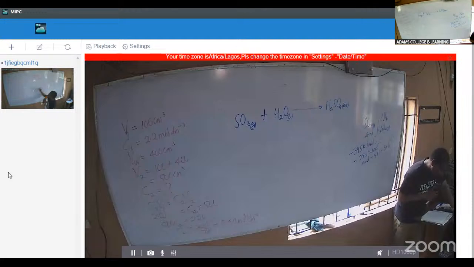Find the enthalpy change accompanying this reaction.